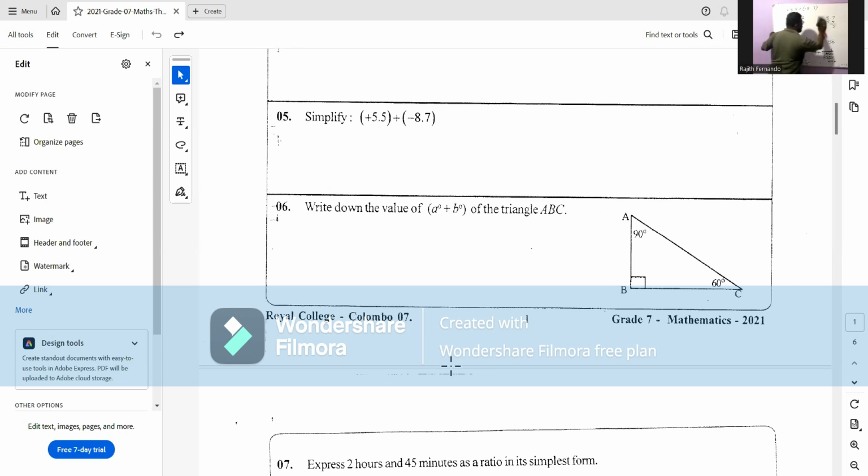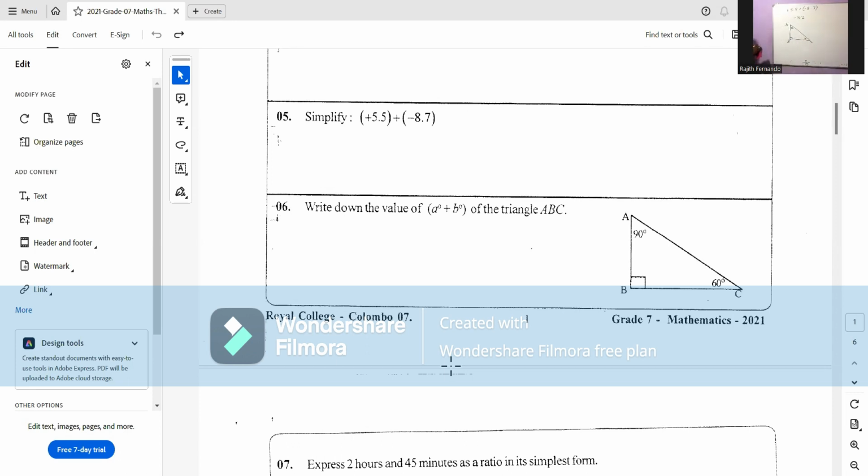There should be a diagram. The correct question should be like this: A, B, C, and it is shown like this. What is the meaning of this? That means that the angle is 90 degrees. Then here should be A and here should be B.